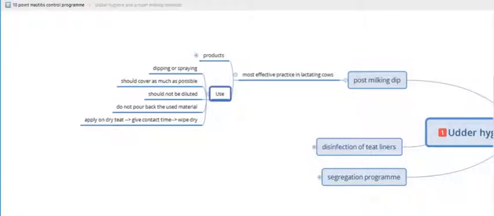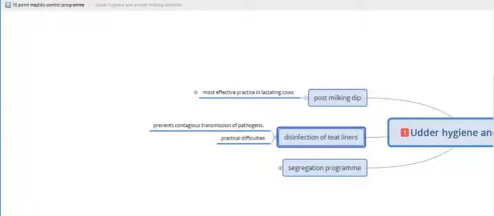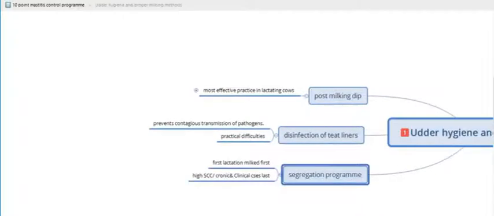Now another important thing is to disinfect the teat liners. Teat liners should be disinfected regularly. The milking machine itself comes with a disinfectant solution, and they have recommended methods of liner disinfection, which have to be followed. Then there is implementation of a segregation program as a part of udder hygiene.